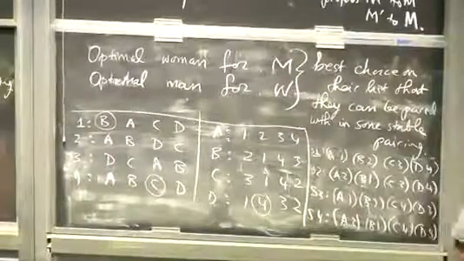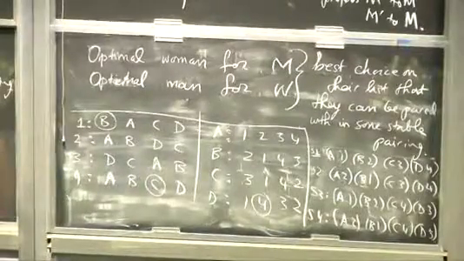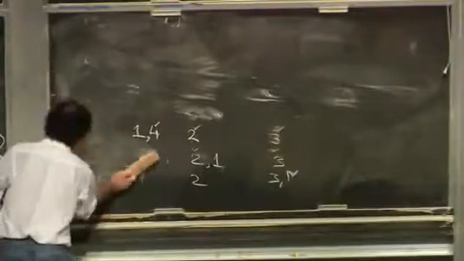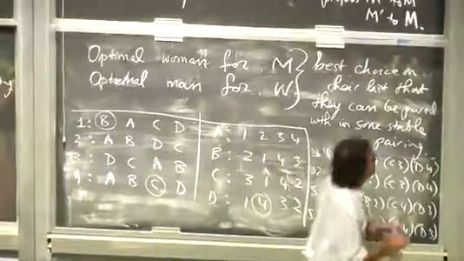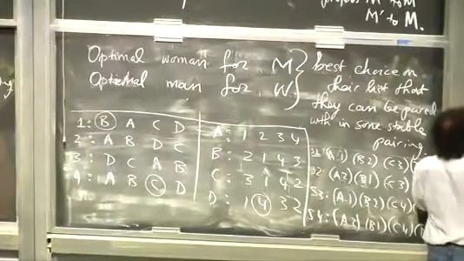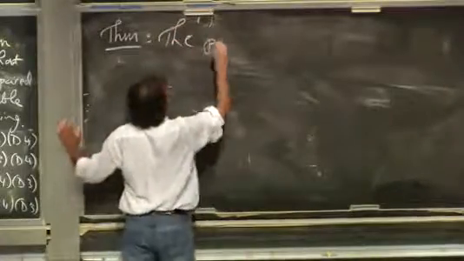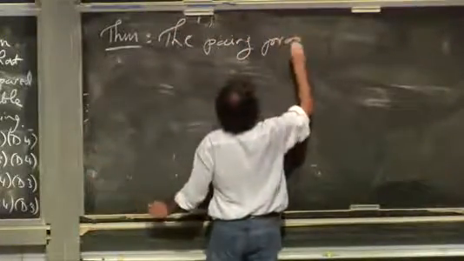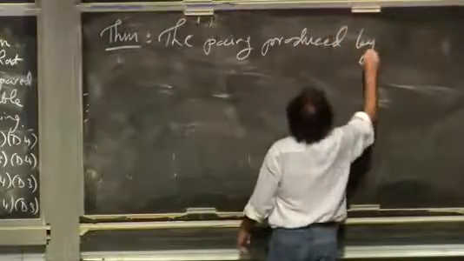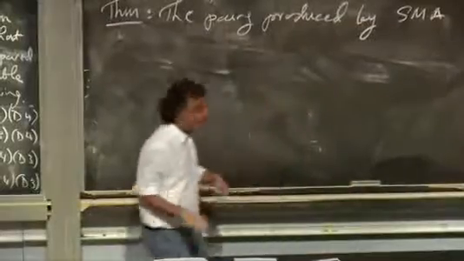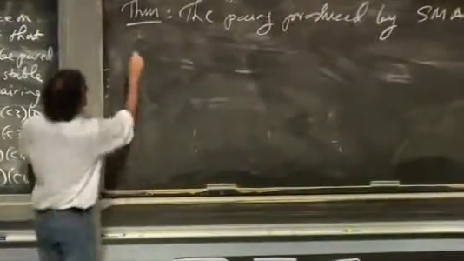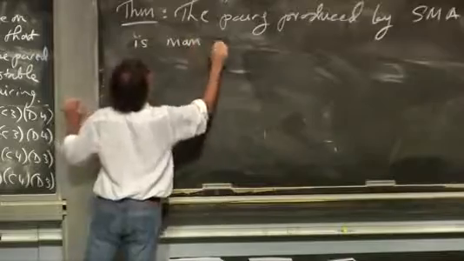The theorem says that the pairing produced by this algorithm, the stable marriage algorithm or propose and reject algorithm, is man optimal.